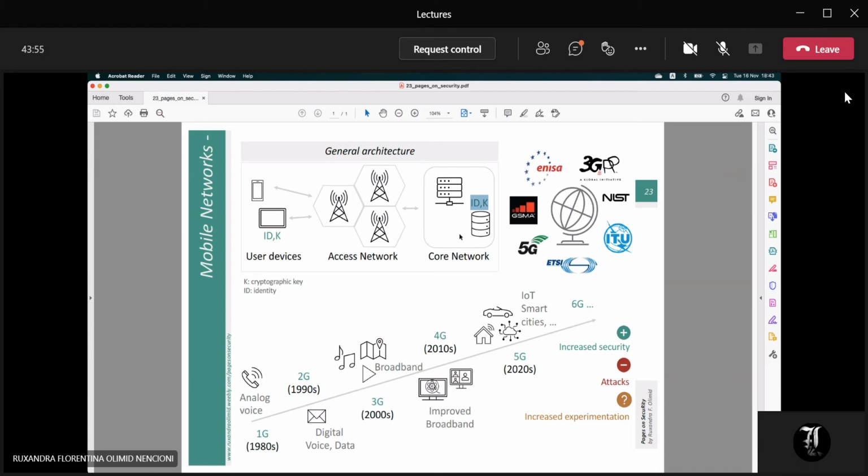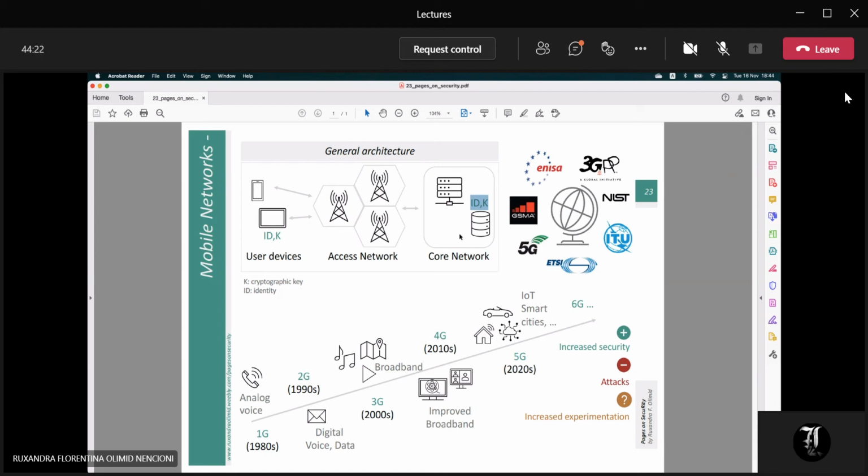And then if I move abroad, or even in the country, to an area where my home network doesn't have coverage and I cannot connect to it, then I am connected in roaming, to a visiting network. That is the network providing services for me on behalf of my home network, and they have agreements between them, because I cannot connect in roaming everywhere.